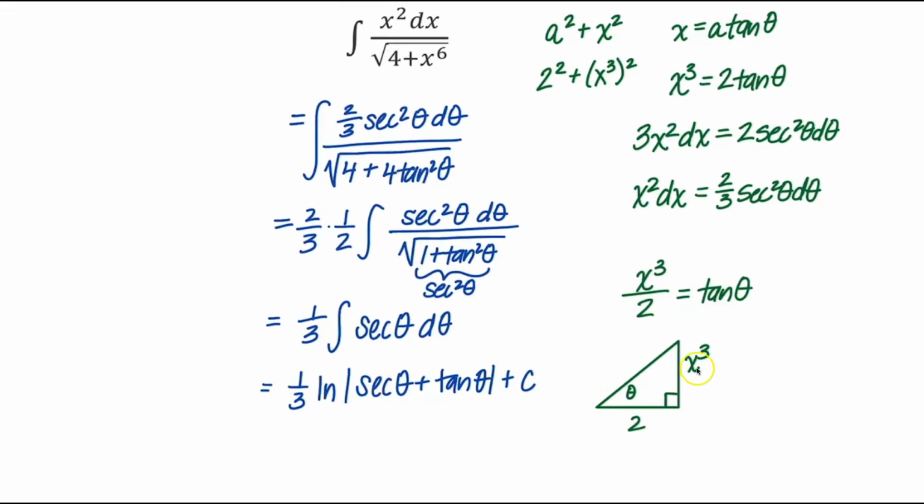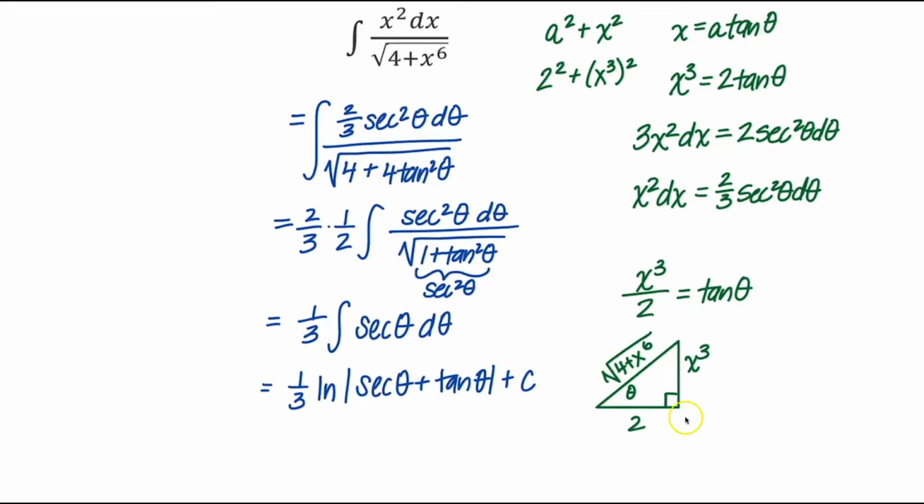So 2 squared is 4, x cubed squared is x to the 6th, 4 plus x to the 6th underneath the square root. So we have the square root of 4 plus x to the 6th. Oh, hey, what do you know? It's the same piece that was in the original integrand, and that's not a coincidence, right? That's definitely going to happen if you go back and check the previous examples.